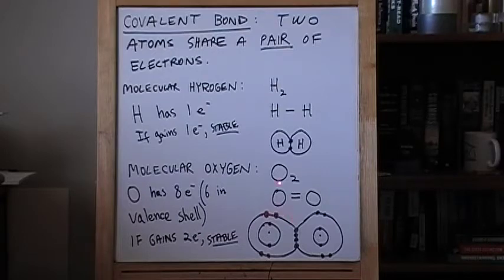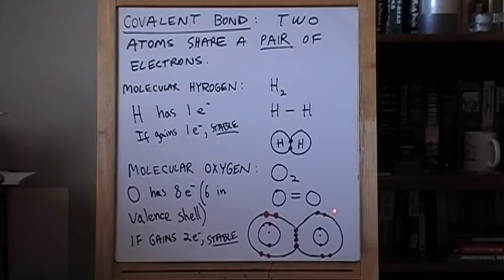So for the molecular oxygen, here I've shown 2 oxygen atoms bound to each other by the double covalent bond. You'll notice that the oxygen on the left, I've indicated its electrons in red. So you have the 2 electrons in the inner shell, and you have the 6 red electrons in the valence shell.